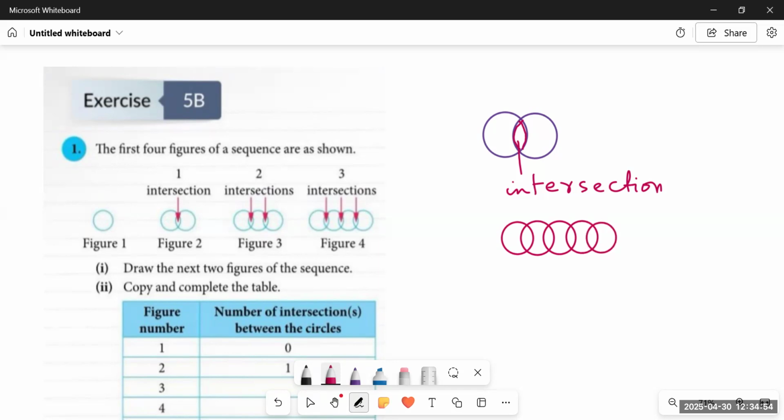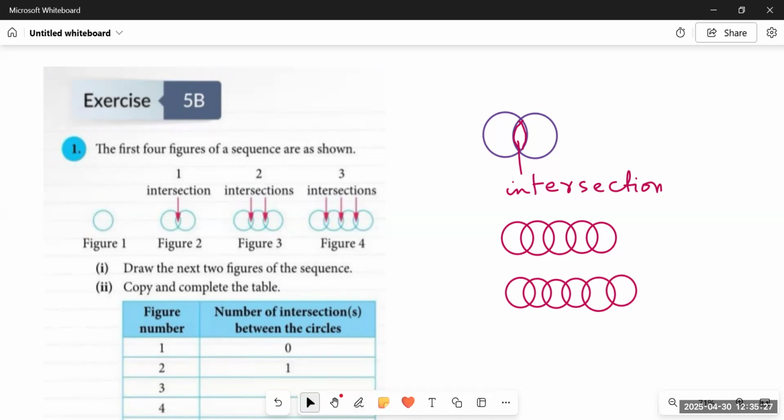So this is the fifth figure, and then in the sixth figure we will have 6 circles. Whatever the pattern number is, we will have that many circles. In the first figure we have only one circle, in the second we have 2 circles, in the third we have 3 circles, and so on. So in the nth pattern, we have n circles. This is what n means.